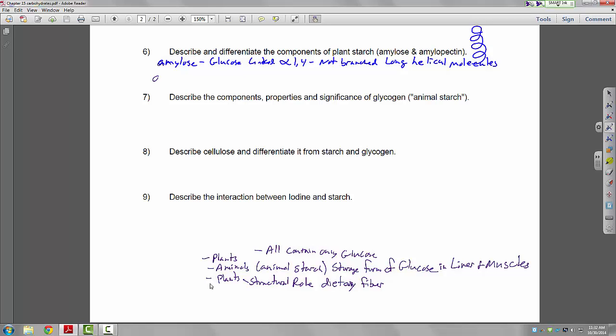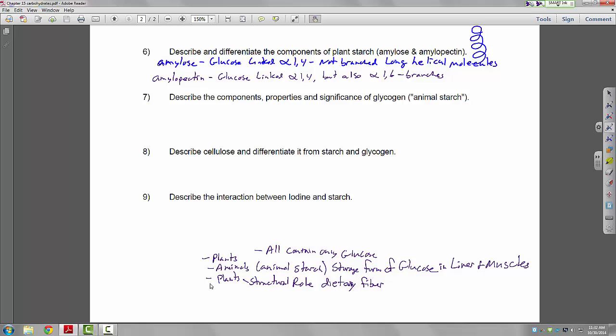Amylopectin also contains only glucose, and they are likewise linked alpha 1,4, but also alpha 1,6 branches.